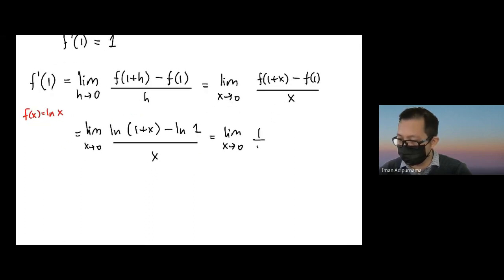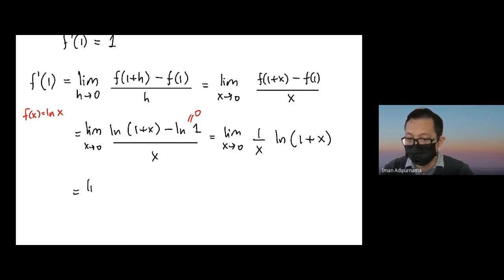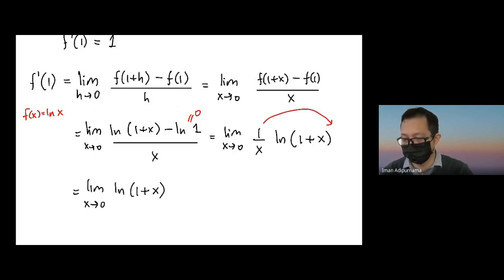We can write 1 over x in the front, and then take ln of 1 plus x, because ln 1 is 0. Now we have this expression: the limit as x approaches 0 of ln of 1 plus x, with 1 over x put into the power of 1 plus x.